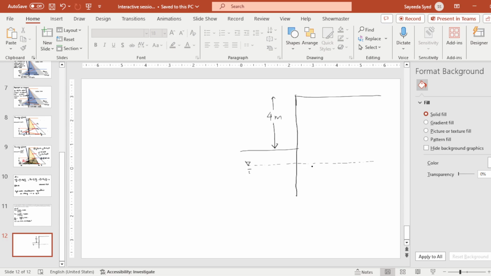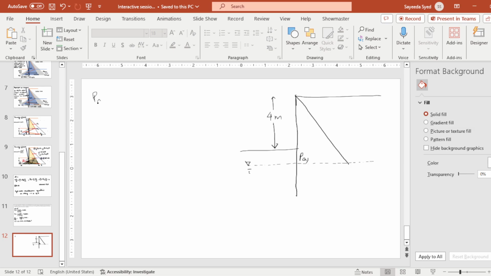We will draw an active earth pressure diagram on the right hand side. Let's say this is PA1.